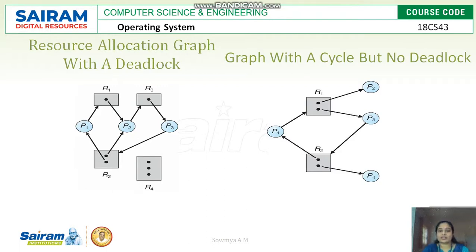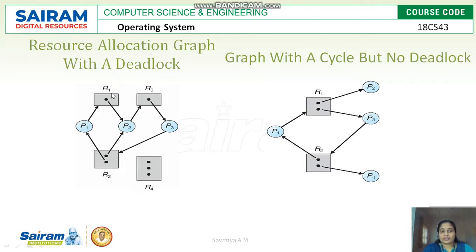Resource allocation graph with deadlock. If you have multiple circular queues between the resources and the processes, then you can note that the execution of multiple processes may lead to deadlock. Consider this graph where we have processes P1, P2, P3.